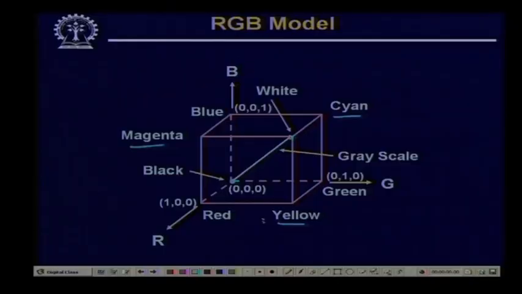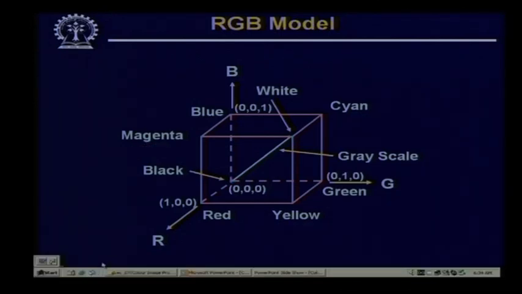So, this is the RGB color model, and from this RGB color model we can also have the cyan, magenta and yellow components by simple transformation.